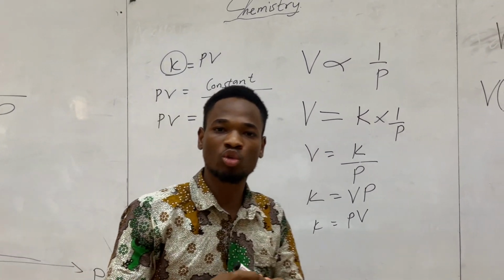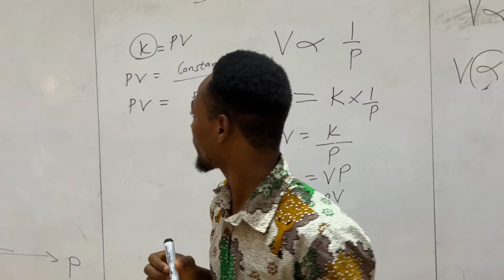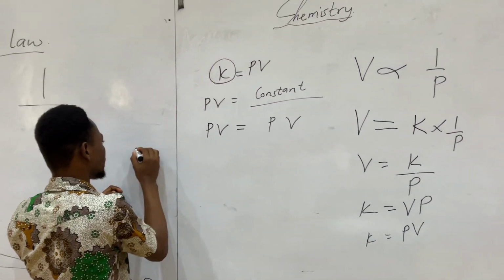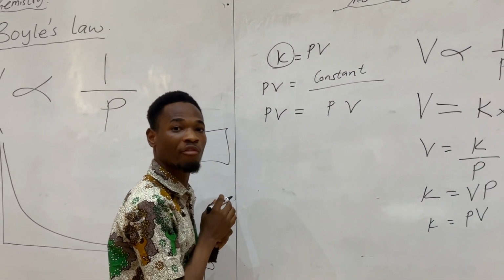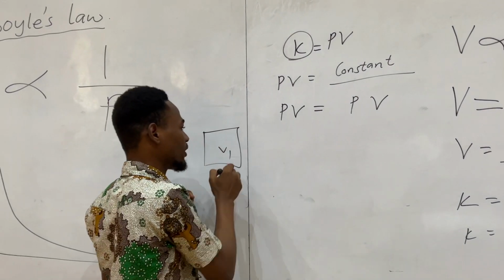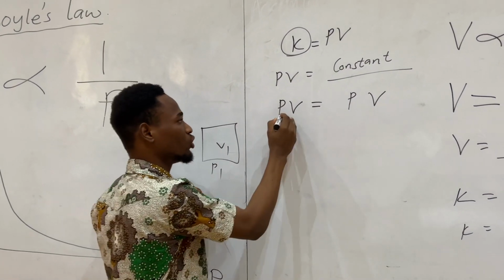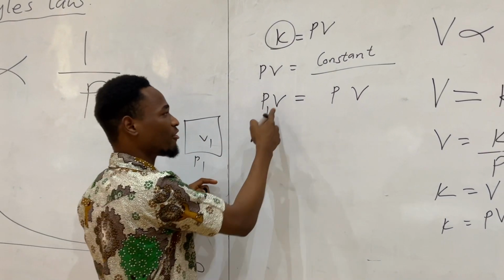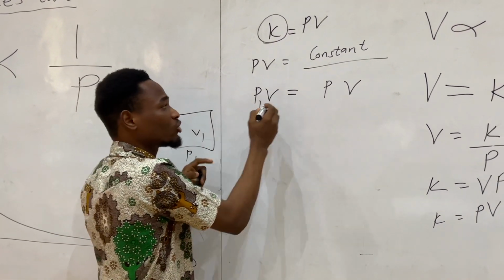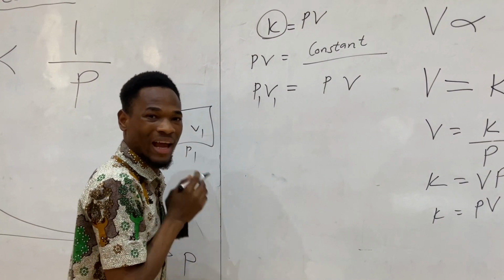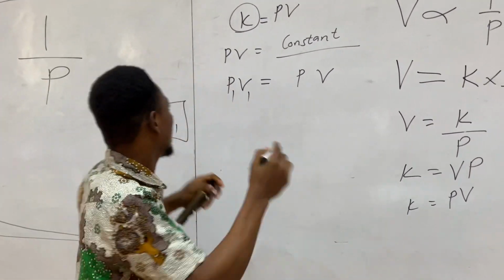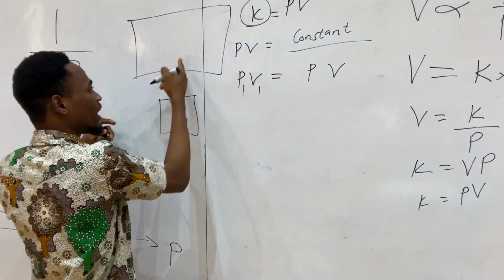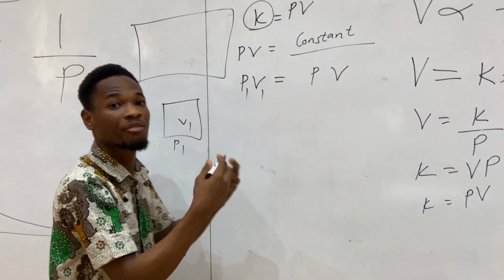But here, we want to consider a situation whereby you have, let's say, a container of volume V1 and pressure P1. So I have my pressure P1 in this container, and I have the volume V1 of that container. And I take another container this way. You know that the volume and the pressure will be different. Are you okay?